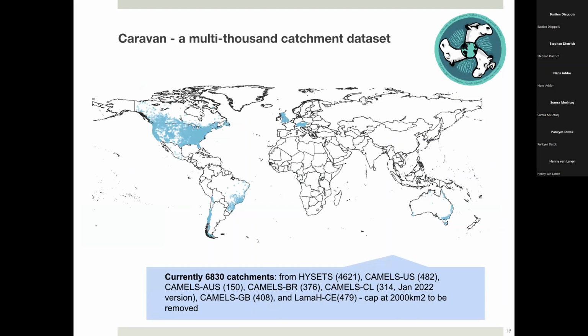Many catchments come from HYSETS. Actually, about two-thirds of the catchments come from HYSETS, and the different CAMELS datasets are used, and LamaH is also used, and LamaH covers the Danube basin.